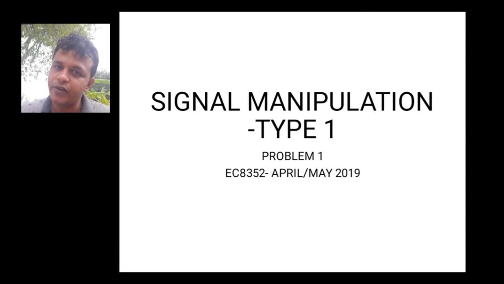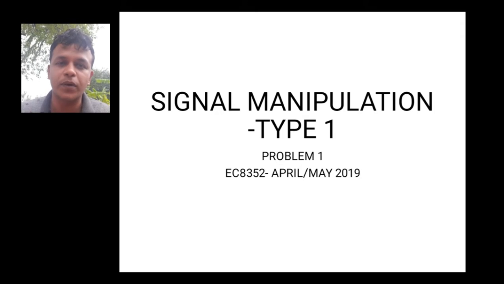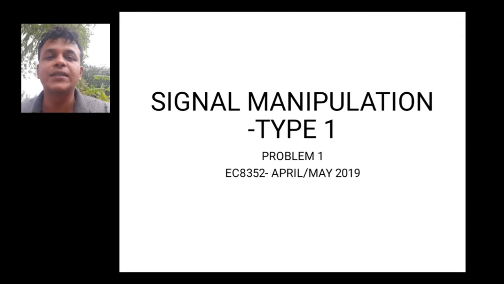Or we can make it happen in a delayed manner: instead of starting at the third second, we may make it start at the fourth or fifth second. Then it becomes a time delayed signal. This is called the time shifting operation on signals.